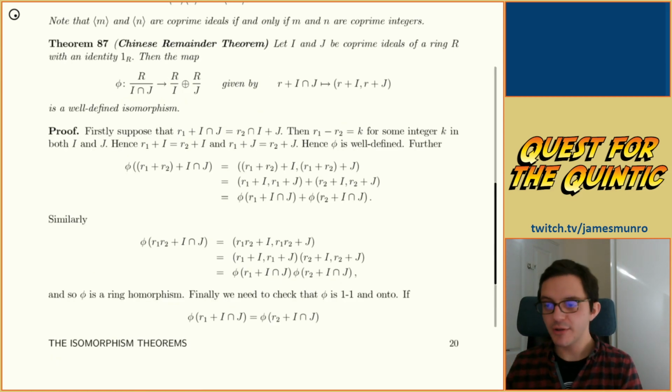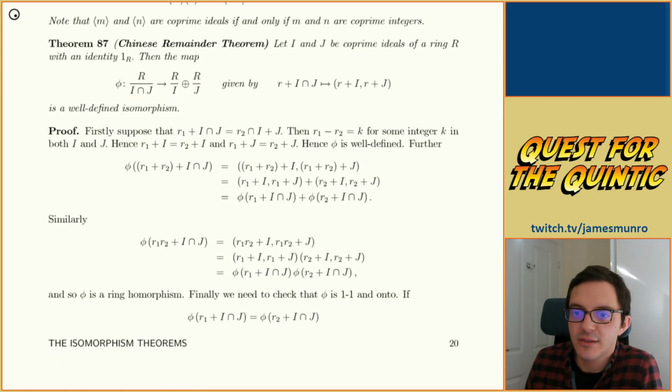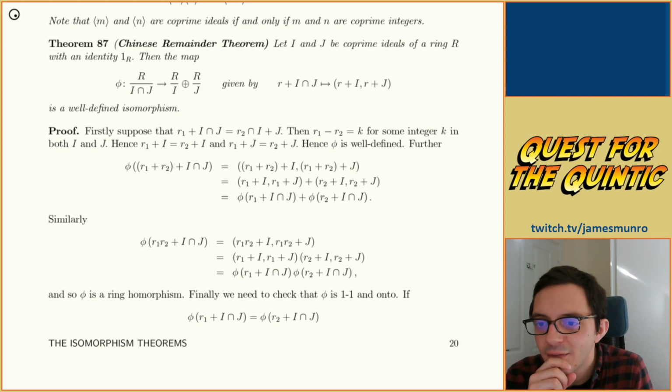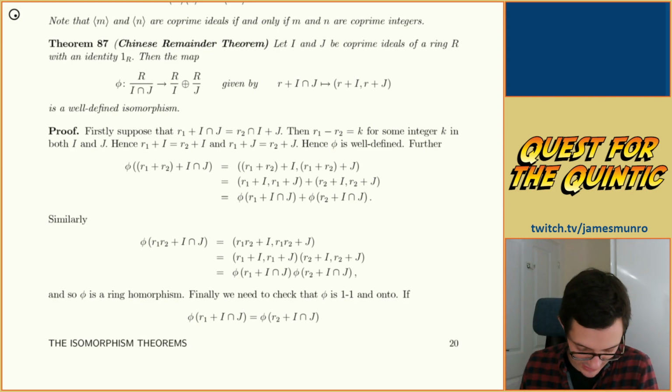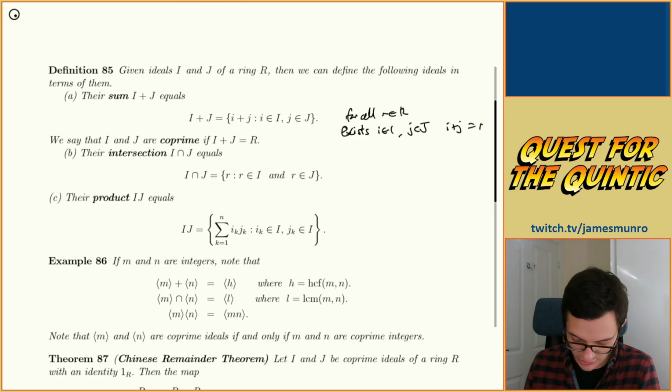Okay, so if you've got coprime ideals, then you can do this brilliant thing. Well-defined isomorphism. Okay. And the proof, I think, is just checking things. I intersect J, which is just things that are in both.